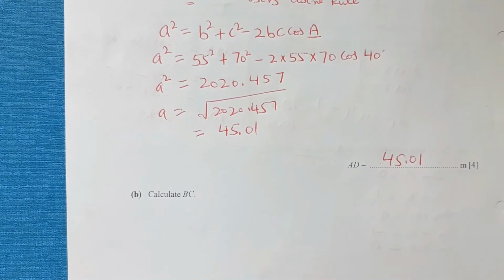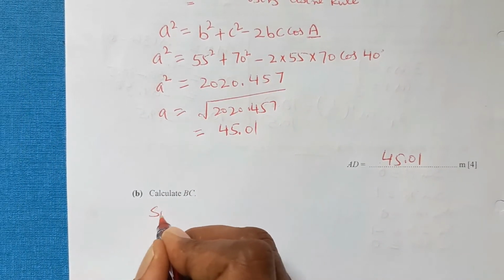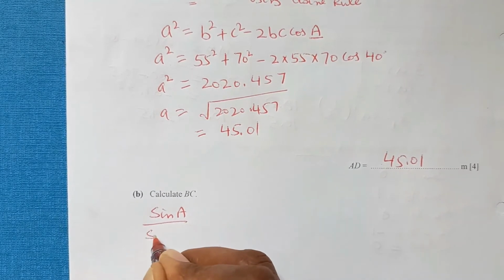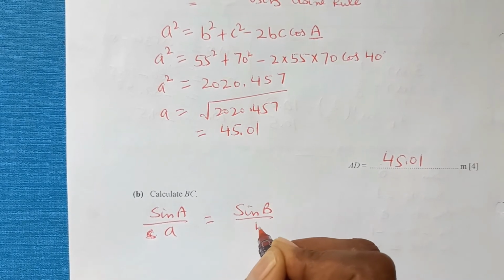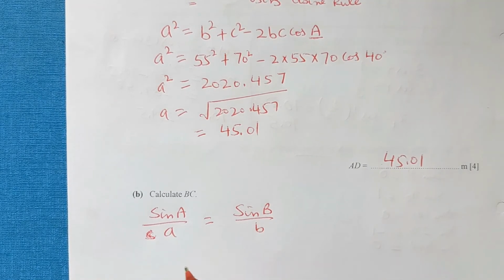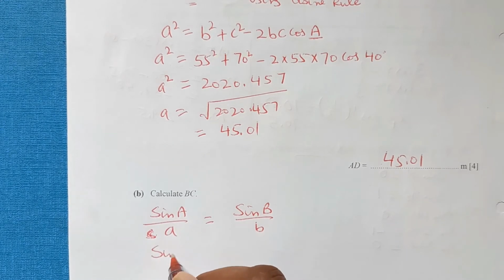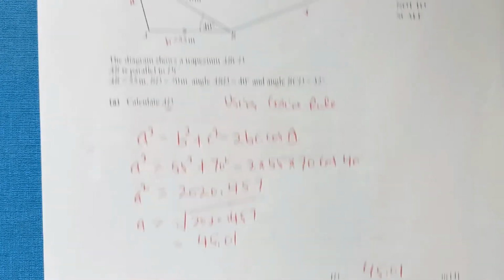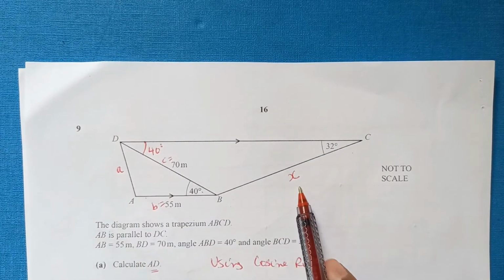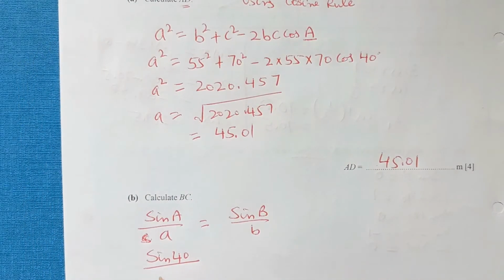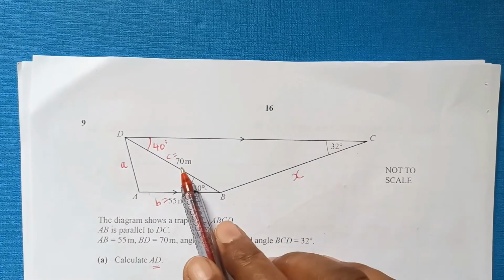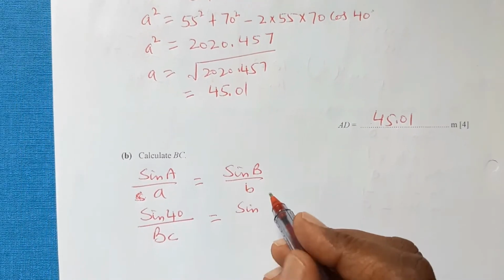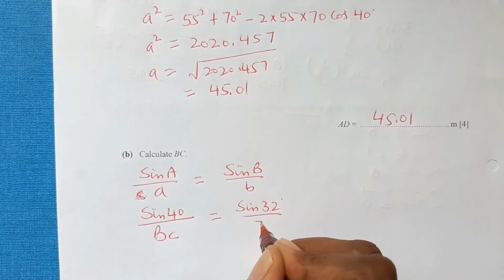So we can use sine rule: sine A over A equals sine B over B. Sine A is 40 degrees, and opposite to this is BC, and sine B is sine 32 and 70.